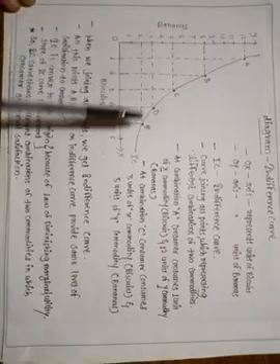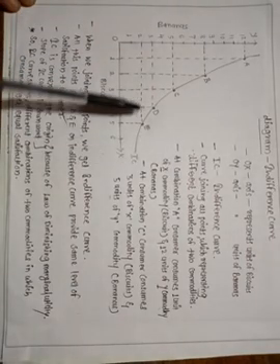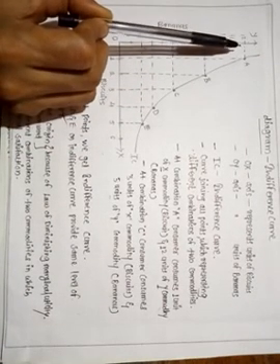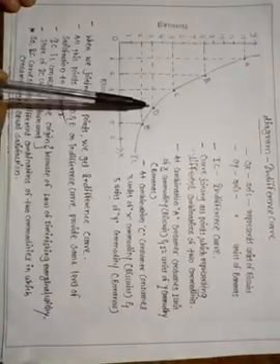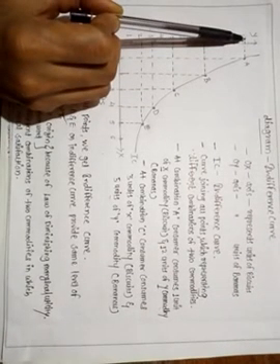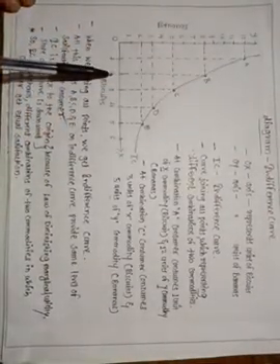Here, IC is the indifference curve, the curve joining all these points which represent the combinations of the two commodities.